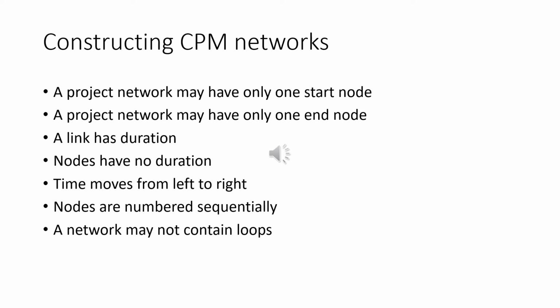Our next rule, a network may not contain loops. A loop is an error in that it represents a situation that cannot occur in practice. While loops in the sense of iteration may occur in practice, they cannot be directly represented in a project network.